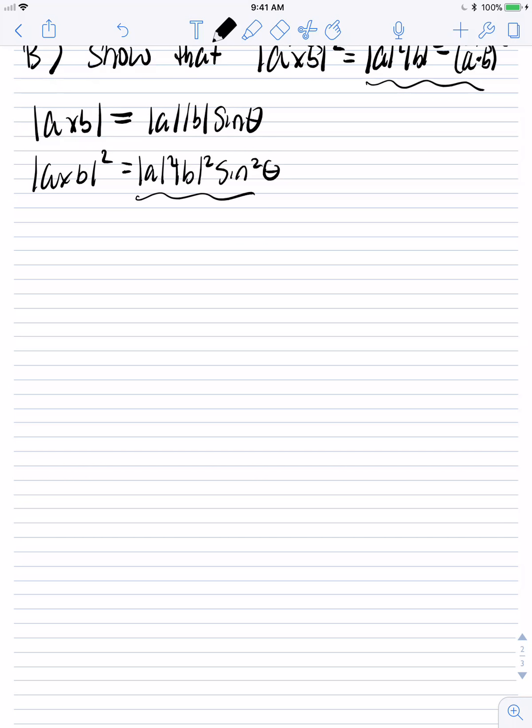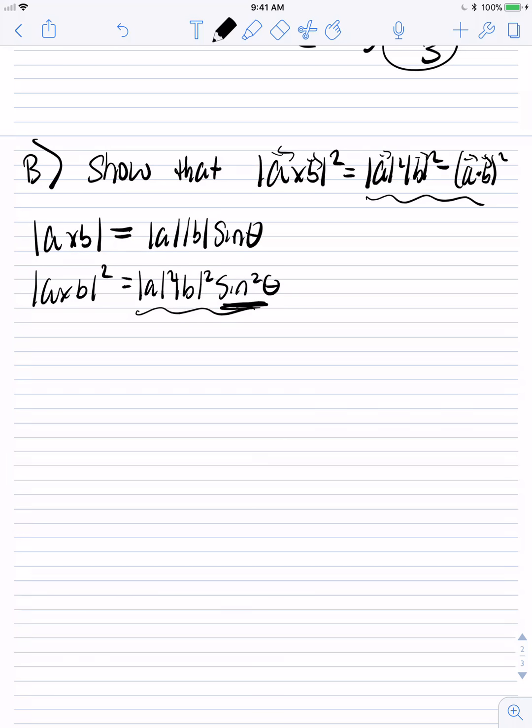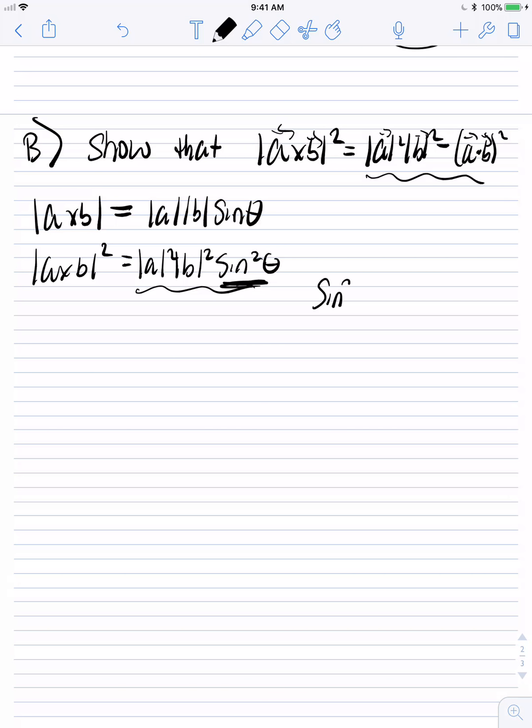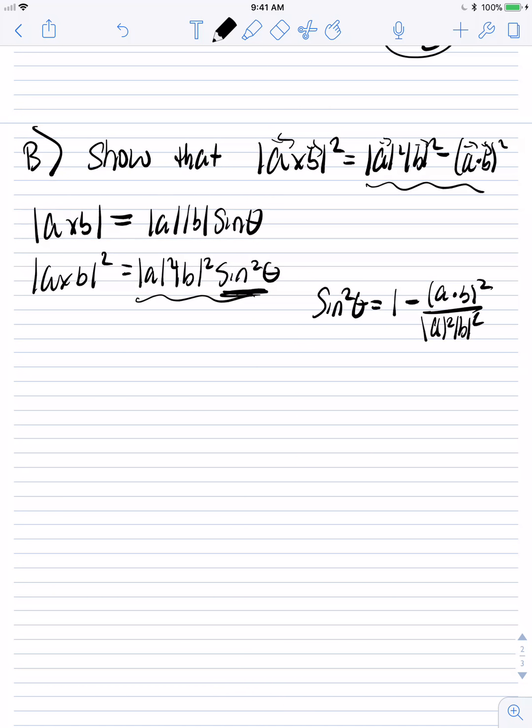So what we can do is we know that this sine theta, if we pull it out, sine squared theta must be equal to 1 minus a dot b squared over magnitude a squared magnitude b squared. And we know that because we have this a squared b squared.